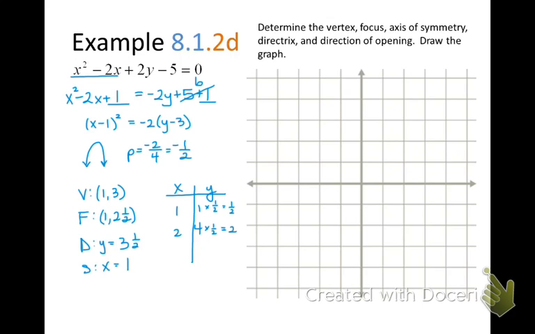All right. So I'm going to start plotting all this. My vertex, I said, was at (1, 3). My focus was at (1, 2.5). My directrix was at y = 3.5. Axis of symmetry is down on x = 1.